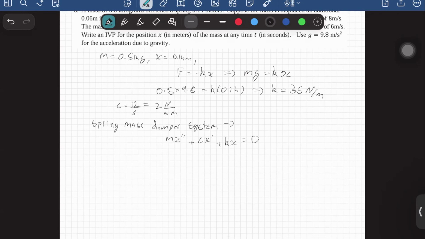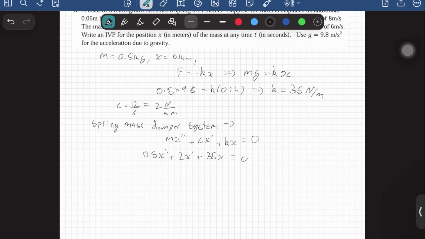And I think we found almost everything that we needed to find. So the mass was 0.5, so that's 0.5 x double prime. The damping coefficient was 2 x prime, and the spring constant was 35x.